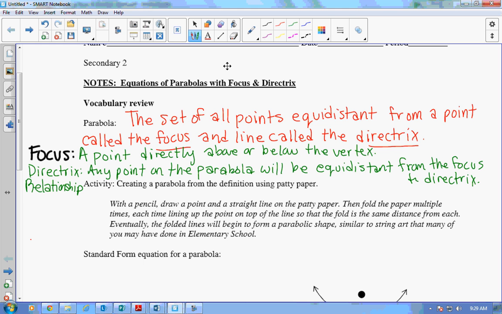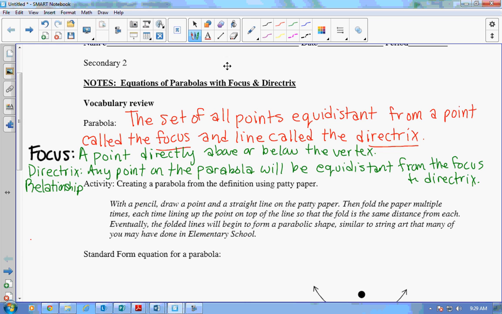Then fold the paper multiple times, each time lining up the point on top of the line so that the fold is the same distance from each.